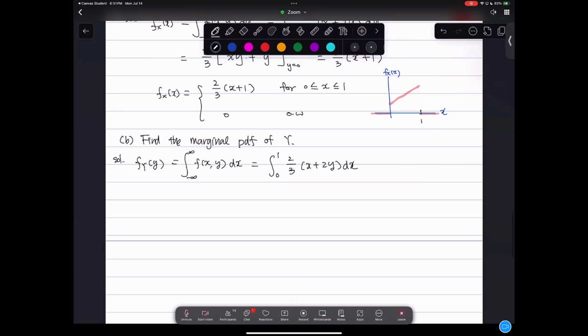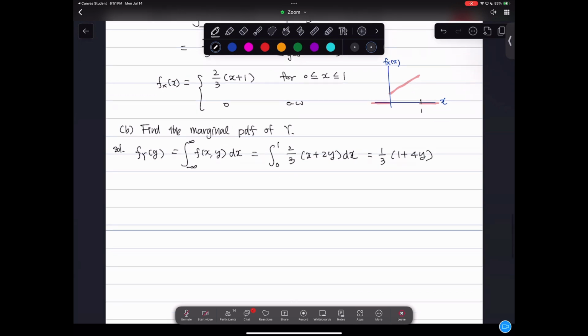So once you get this, you'll be able to get a function 1 over 3 times (1 plus 4y). So the marginal PDF is 1/3 (1 plus 4y) for y values from 0 to 1, and 0 otherwise.